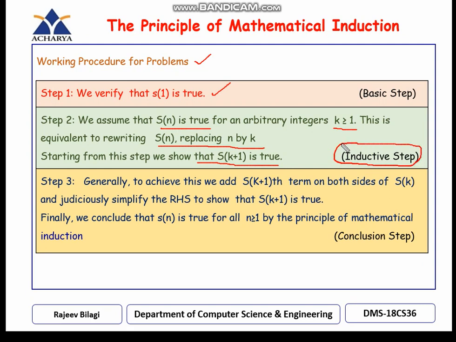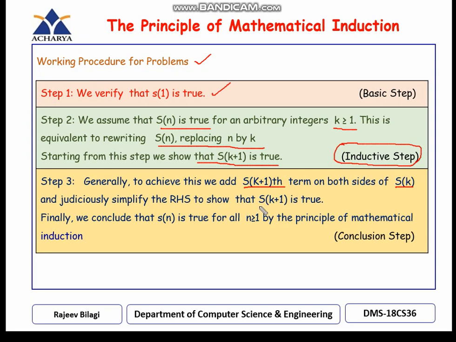Next, generally, to achieve that S of k plus 1 is true, what we will do is add the S of k plus 1th term on both sides of S of k, and judiciously simplify the RHS also.